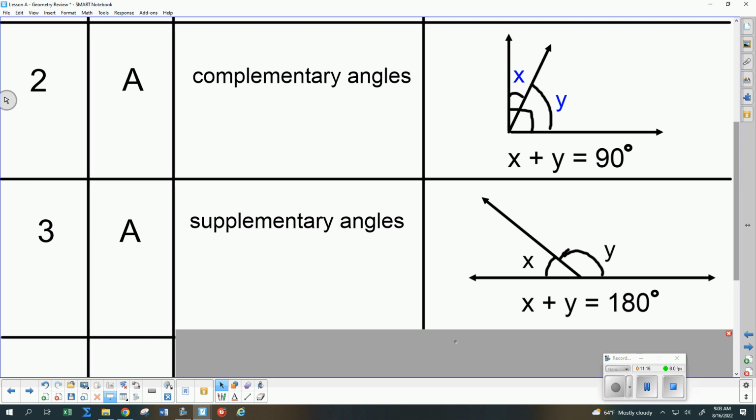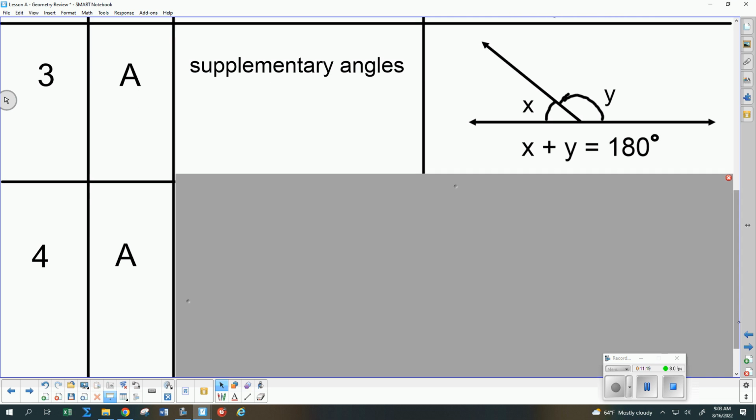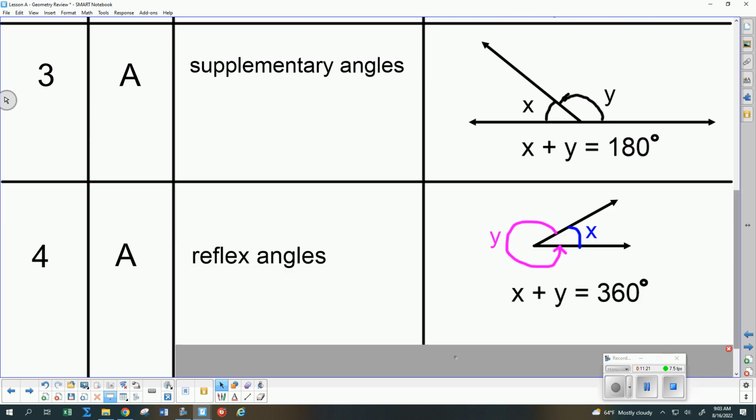That's what I thought. It's generally pretty new, and it looks something like this. If we have one angle, a reflex angle is what it takes to make not 90 or 180, not the complement, not the supplement. What does it take to get all the way around to 360 and make a whole circle? So in this case, X plus Y would equal 360.